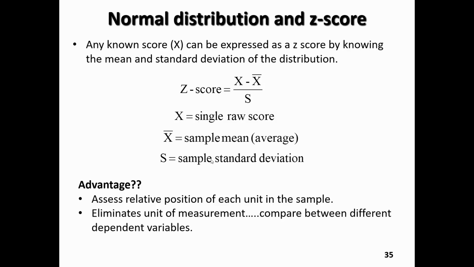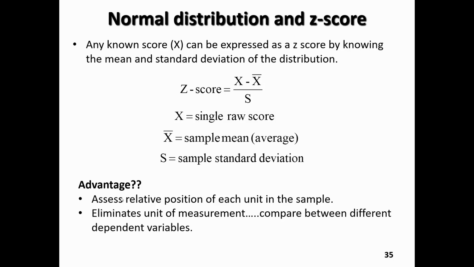So does the z-score provide some advantages? And it absolutely does. So the first advantage is that it allows us to evaluate the relative position of each unit in the sample.